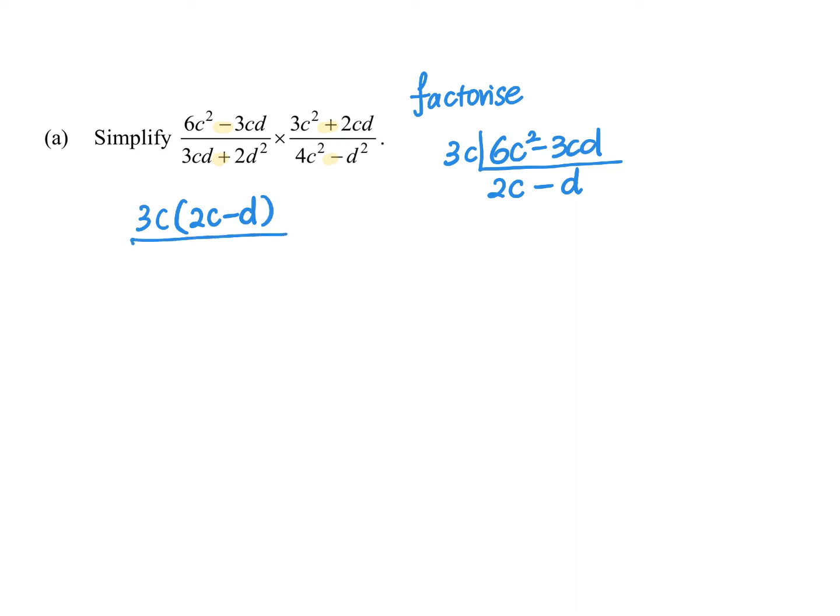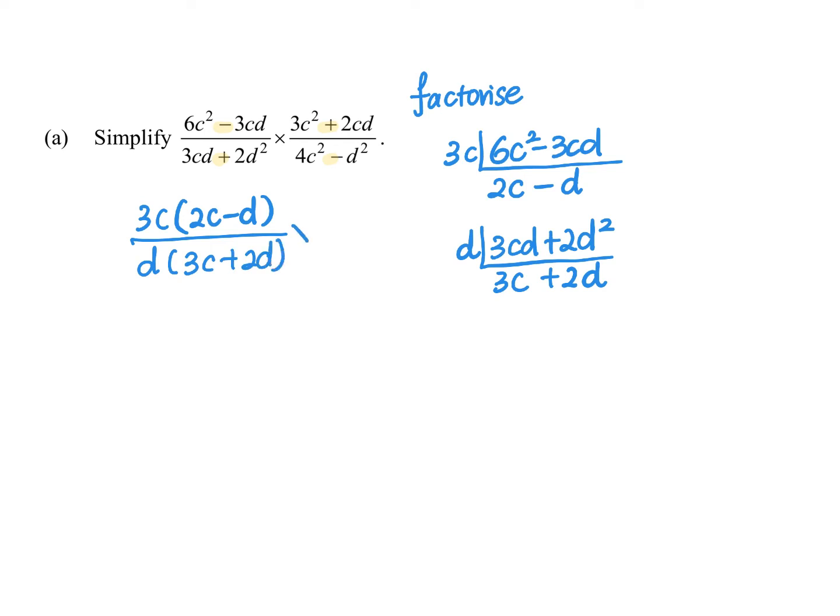Then the second one is 3cd plus 2d squared. There's no common factor for the numbers, but cd and d squared have the letter d. So this is d bracket 3c plus 2d.